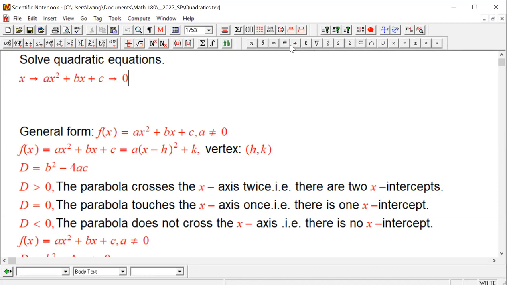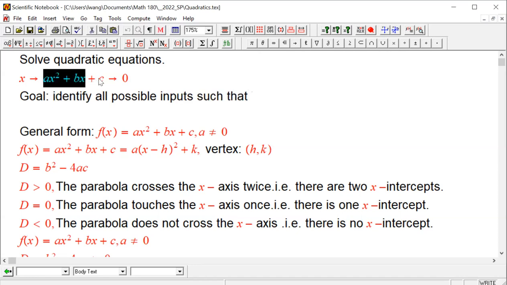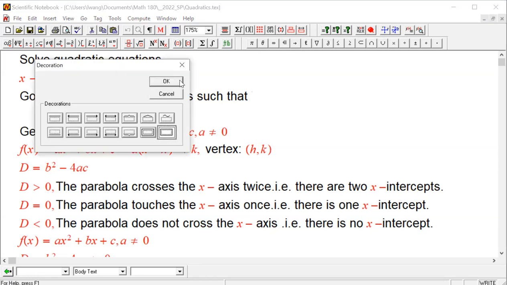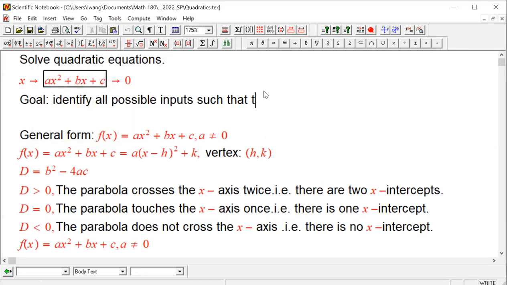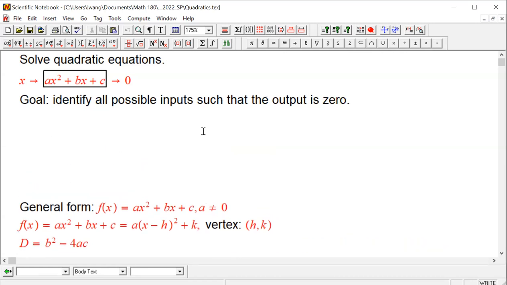A quadratic equation is established when we're looking for all possible inputs such that the output is 0. That's the task. We typically say solve for x.